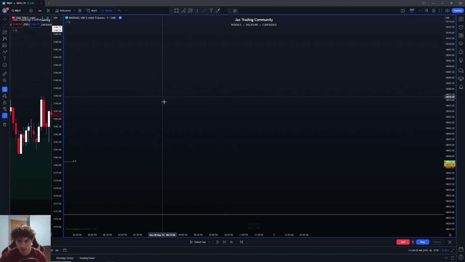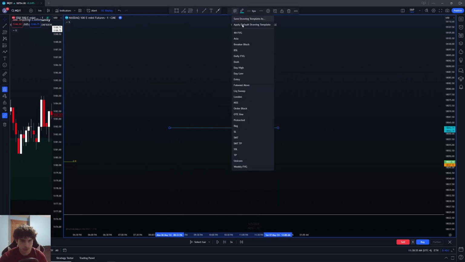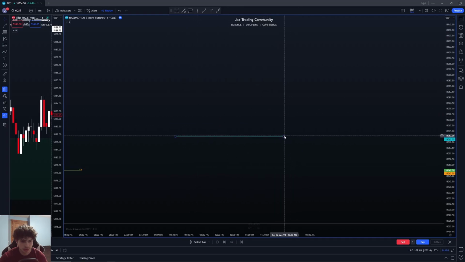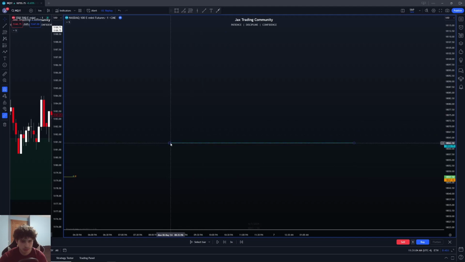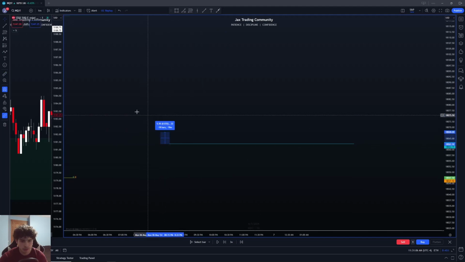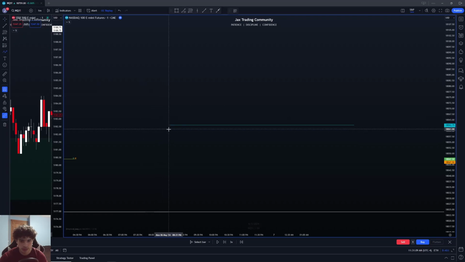So let's say right here is your daily open. It starts right here. What you're most likely going to want to see, if you're going to see bullish structure or a bullish move for the New York session, you would want to see some sort of bearish structure for the middle of the night session, like London and Asia.